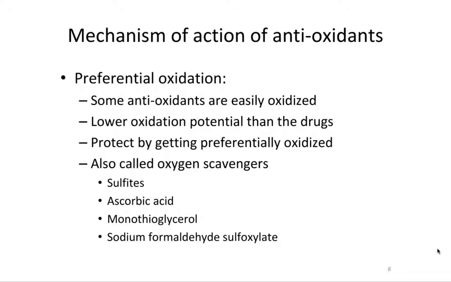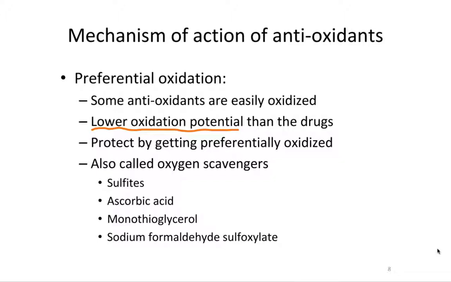Now, the mechanism of action of antioxidants. The antioxidants typically can act through preferential oxidation. That means these antioxidants can easily oxidize when compared to the active ingredient that you're trying to protect. These antioxidants that undergo preferential oxidation tend to have lower oxidation potential than the drugs that they try to protect, and hence these molecules undergo oxidation much faster and more quickly than the drugs, and thereby protect by getting preferentially oxidized.